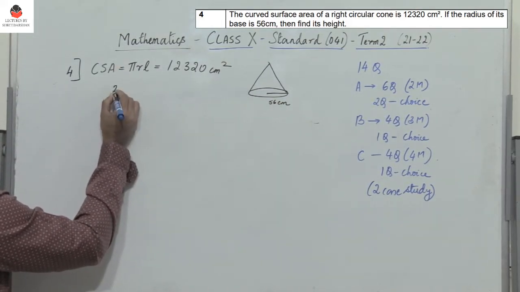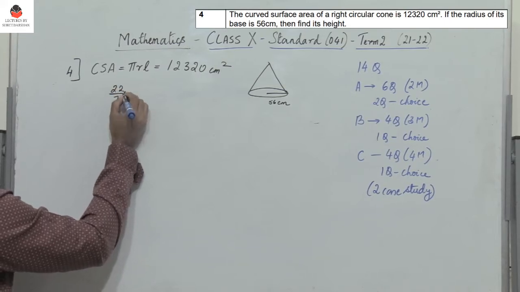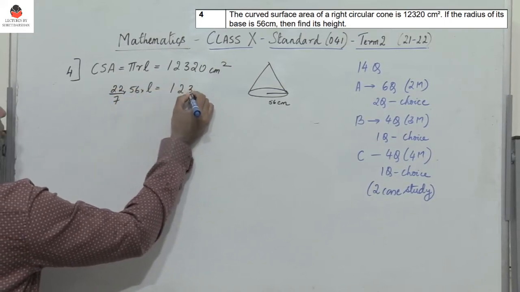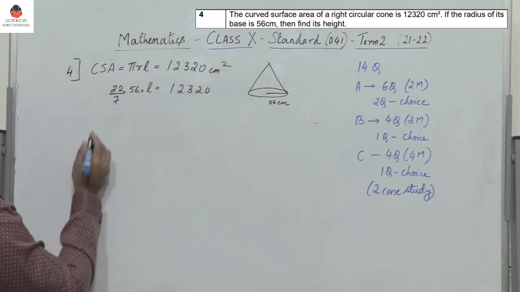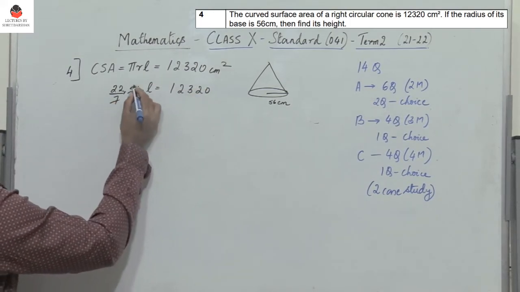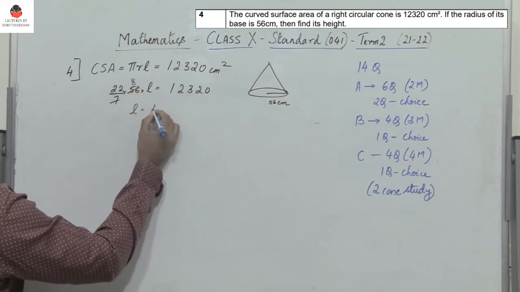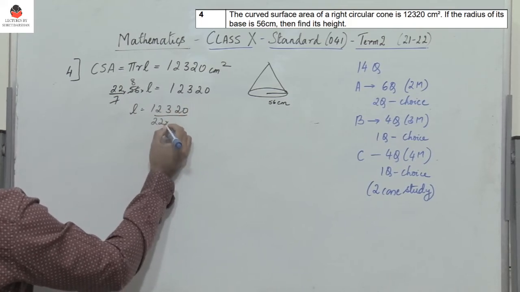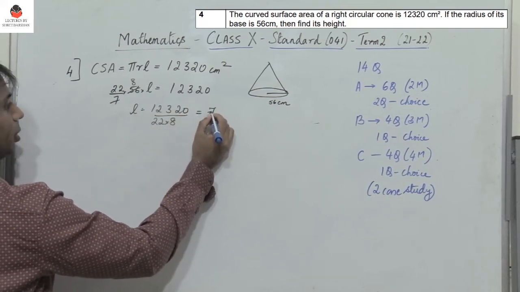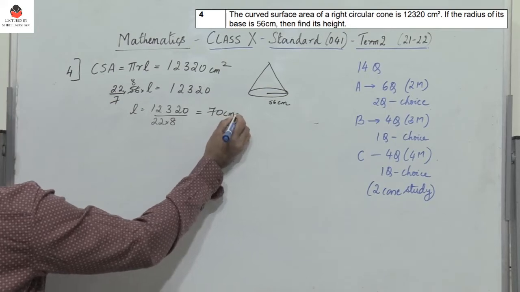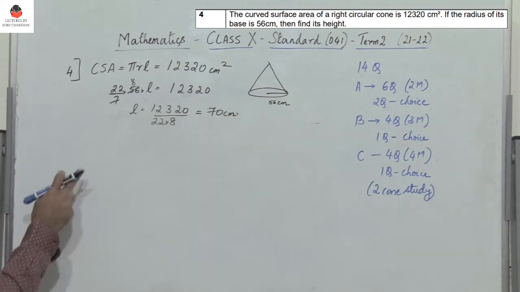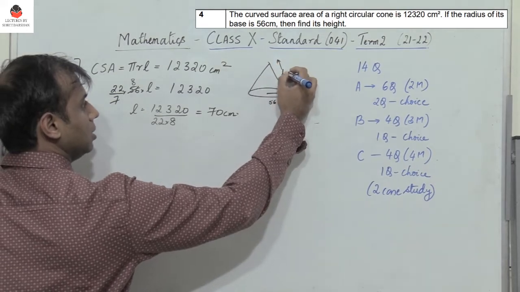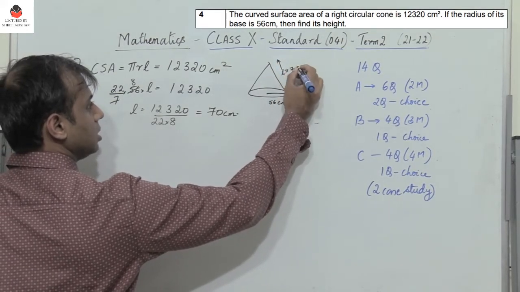So pi is 22 by 7, R is 56, into L, gives me 12320. So L equals 12320 divided by 22 into 8, we get the value as 70 centimeters, right? So L is 70 centimeters.